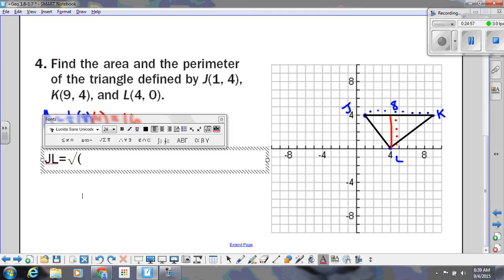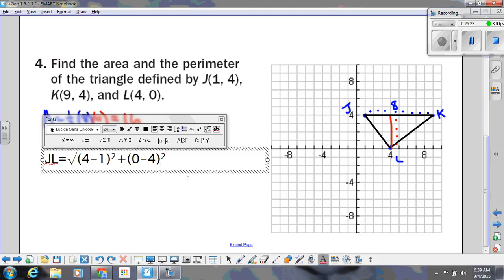So that's square root of my x-coordinate for L is 4, minus my x-coordinate for J is 1. And then I have to square that. Then I have to do plus my y-coordinate for L is 0, minus my y-coordinate for J is 4. And then I need to square that.